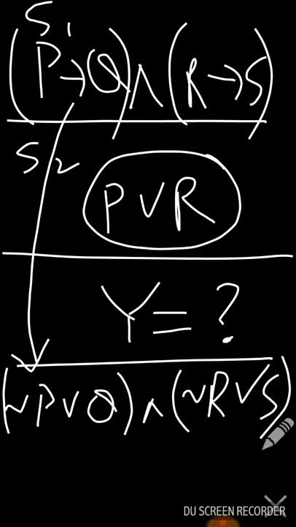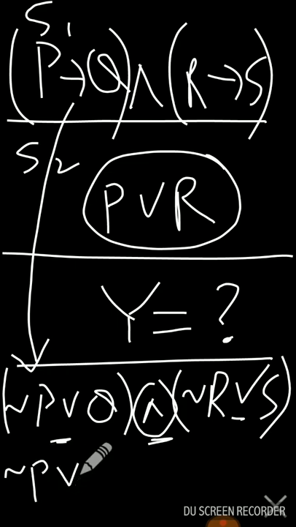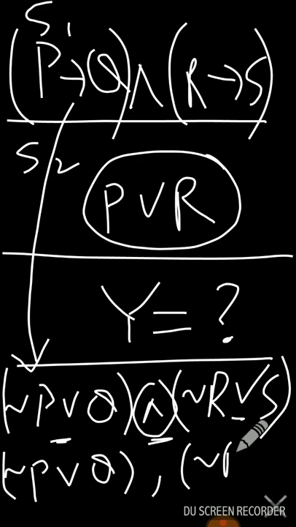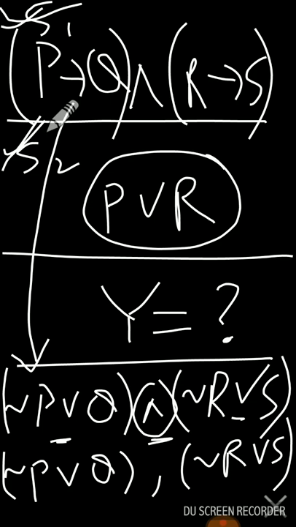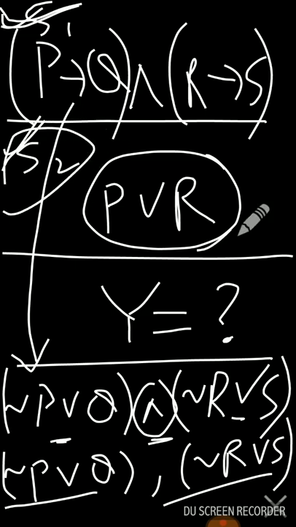Since here we have a disjunction, but in the other statement we don't have a disjunction, what we will do is separate them. So we have negation of P disjunction Q, and another one, negation of R disjunction S. We have these two statements S1 and S2, out of which S1 is divided into these two clausal forms, and S2 is already in clausal form, so we have three clausal forms.